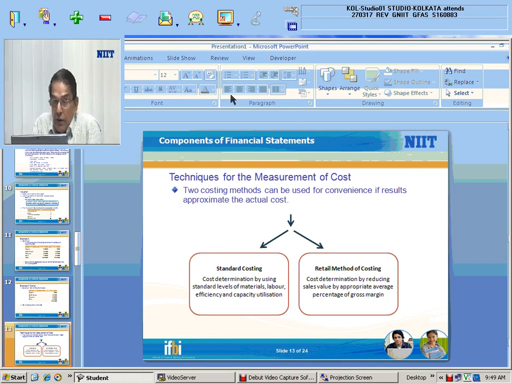The other is the retail method of costing. Retail cost determination is done by reducing the sales value by the appropriate average percentage of gross margin.